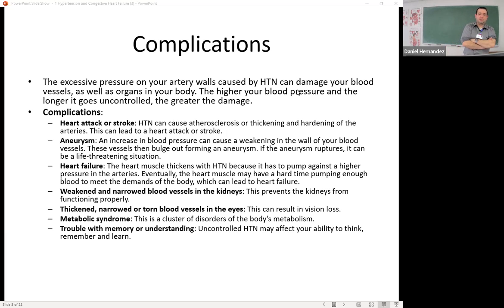In particular, we're talking about the kidneys. That's where hypertension really can have devastating effects, because I know here in the lab we have our small chart on our wall showing our kidney vasculature and the filtration system that's involved with the kidneys.